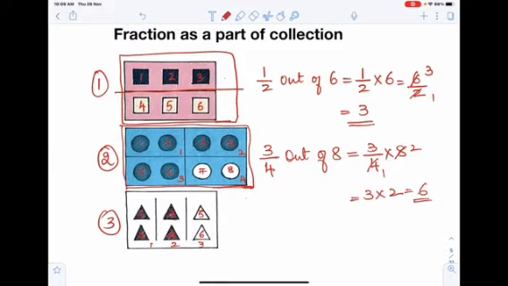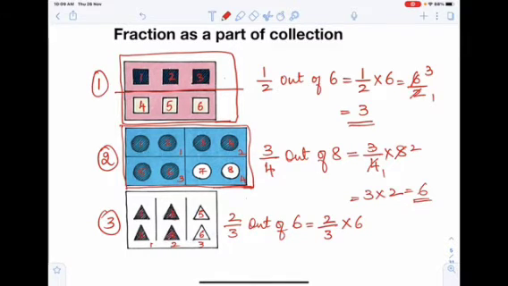So 2 by 3 out of how many? 1, 2, 3, 4, 5, 6. 2 by 3 out of 6. Again the same way, 2 by 3 into 6.